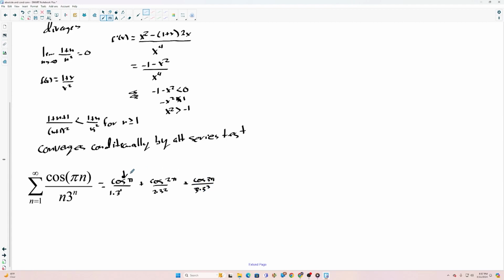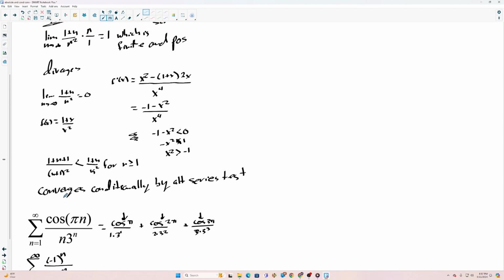But that's negative 1, that's positive 1, that's negative 1. So we can rewrite this as the sum from n equals 1 to infinity of negative 1 to the n over n times 3 to the n.